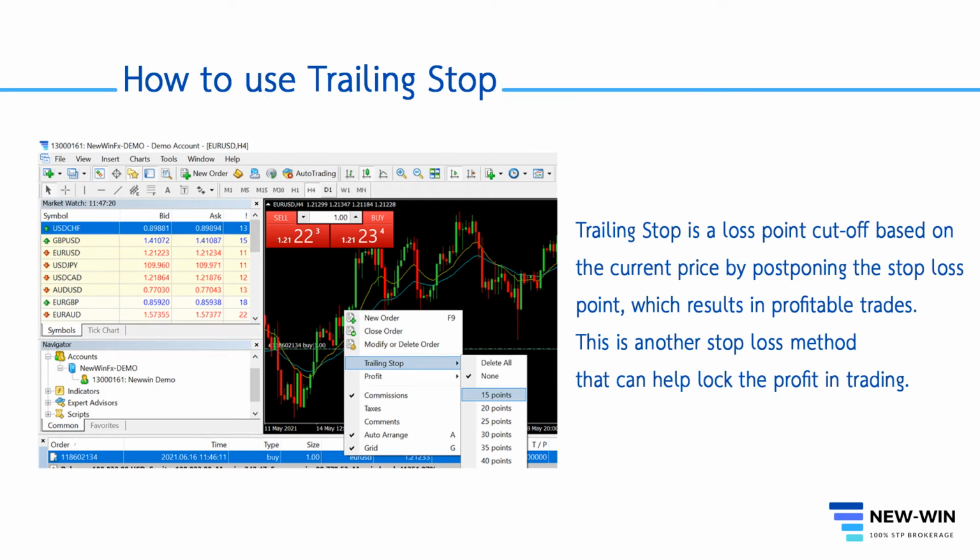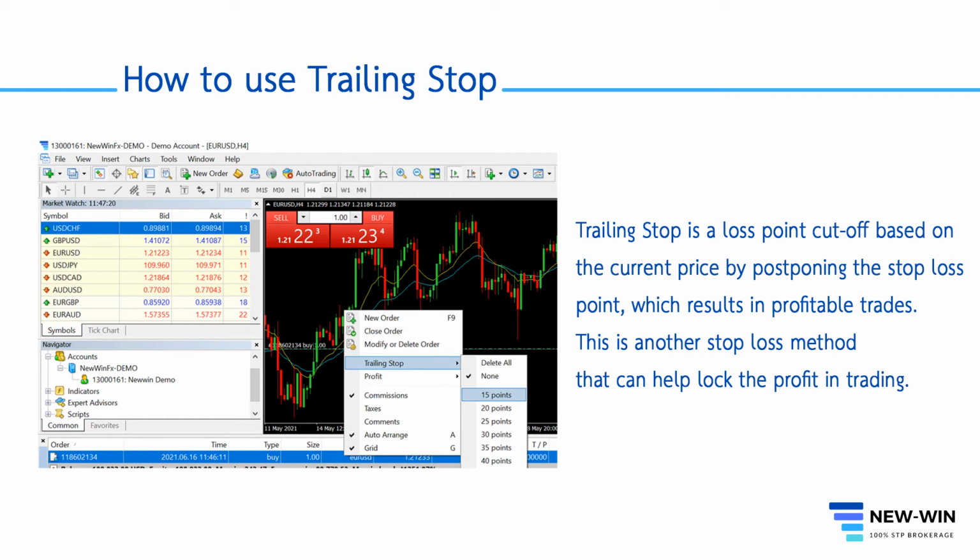Let's move on to the part of trailing stop and how to use it. Trailing stop is a loss point cut off based on the current price by postponing the stop loss point, which results in profitable trades. This is another stop-loss method that can help lock the profit in trading. In order for the order to be opened for profit with no chance of a loss, this raises the stop-loss level in the event that the trade goes the right way.